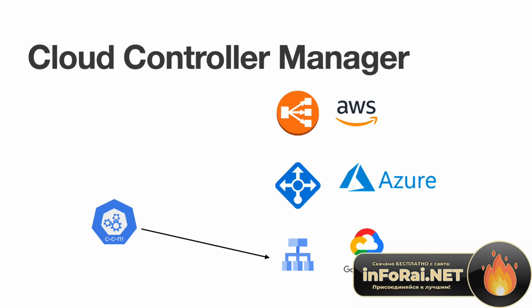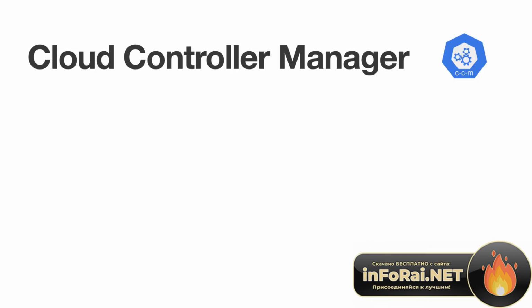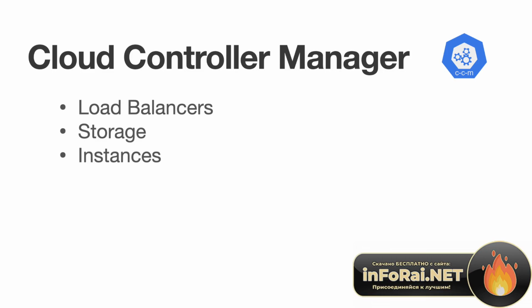So you see that the Cloud Controller Manager is responsible for interacting with the underlying cloud provider API. You've seen how it does it for load balancers, but it's the same with storage or instances. So these are VMs.